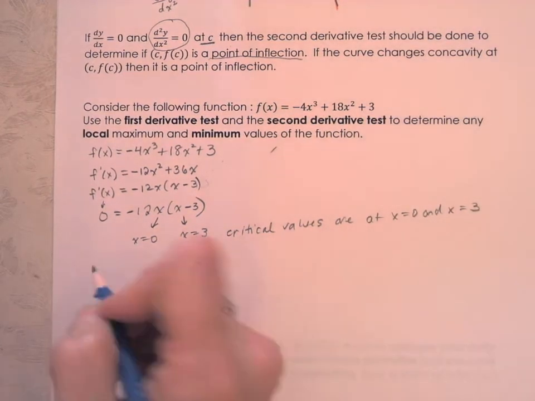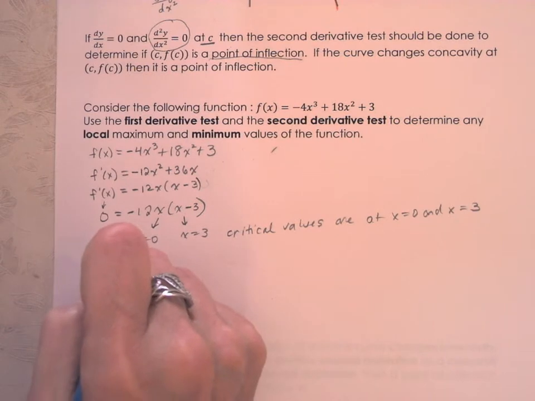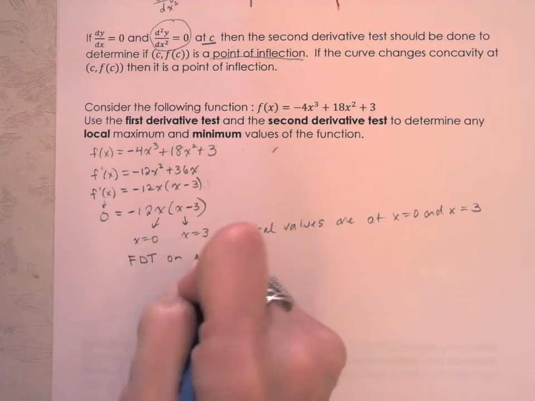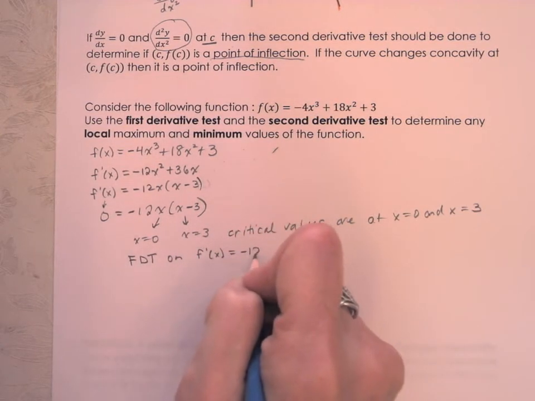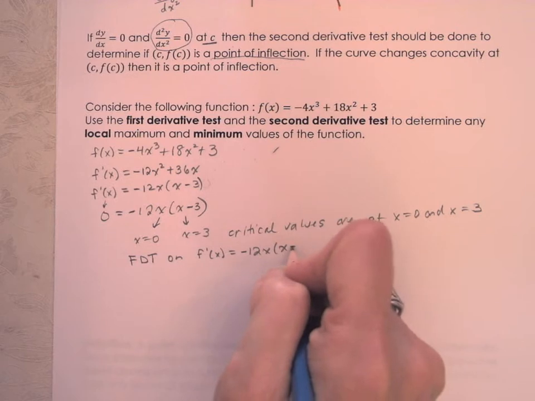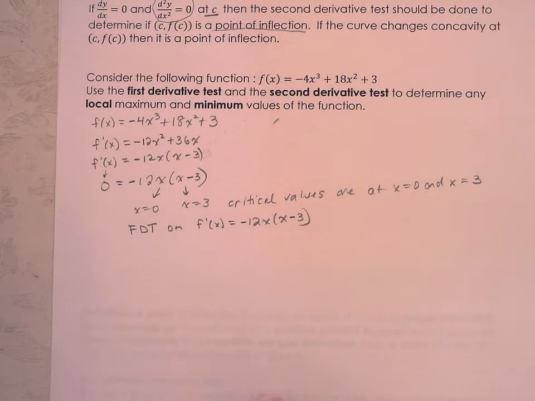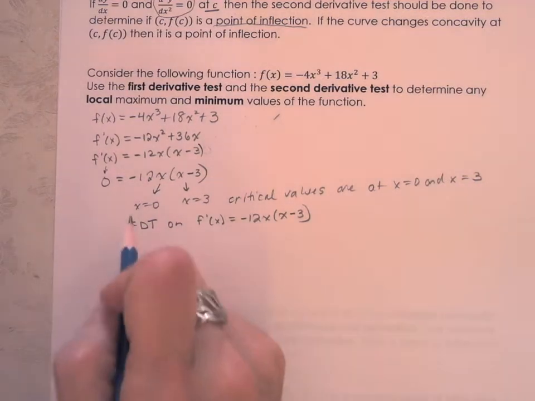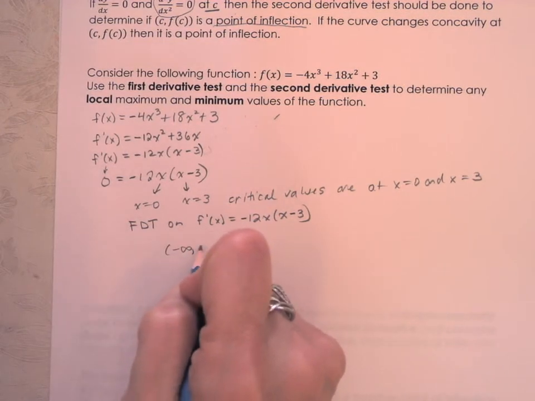And now we can do the first derivative test. We can use the short form, that's okay with me, FDT for first derivative test on f. f prime at x equals negative 12x times x minus 3. And then we use our critical values to make our intervals. Our first interval is going to be from negative infinity to 0.